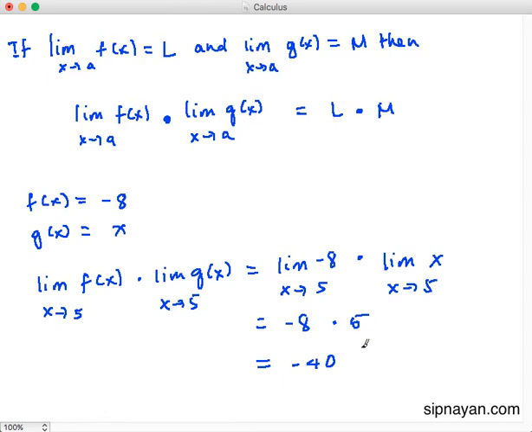Okay, so yan yung ating examples ng multiplication of limits. No?